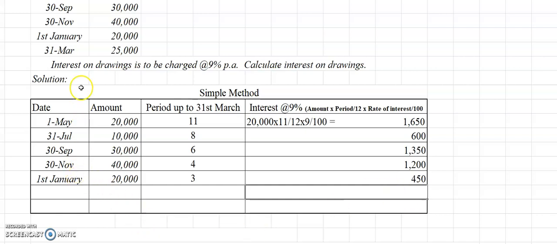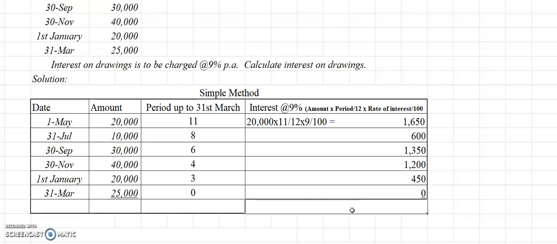So here one more month we left here, 31st March. For that, how much is withdrawn? 25,000 is withdrawn, and the months left after that drawings is 0 because it is withdrawn on 31st March, and its amount of interest also will not be there because it is withdrawn at the end of the month.